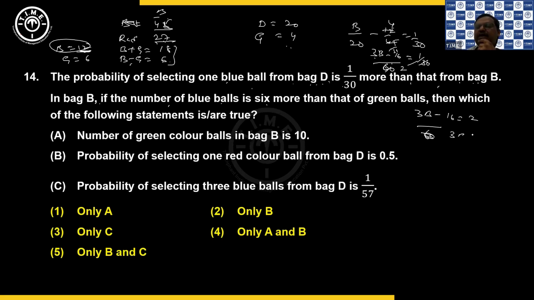Friends, 3B is 18 or B is 6. So out of these 20, blue balls are 6, which means red balls are 10.